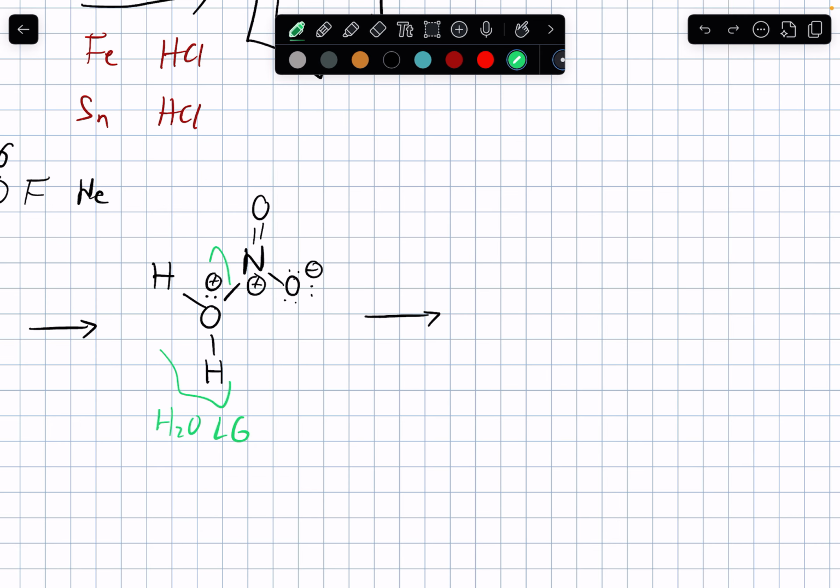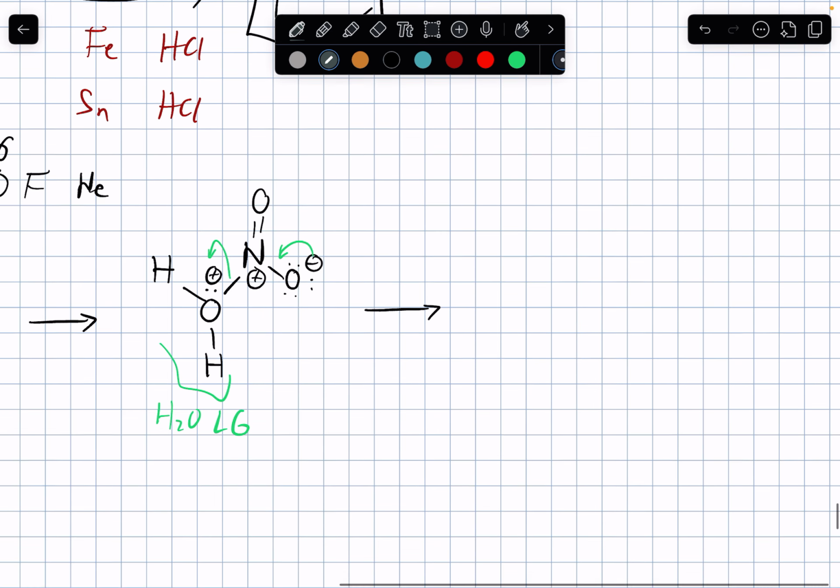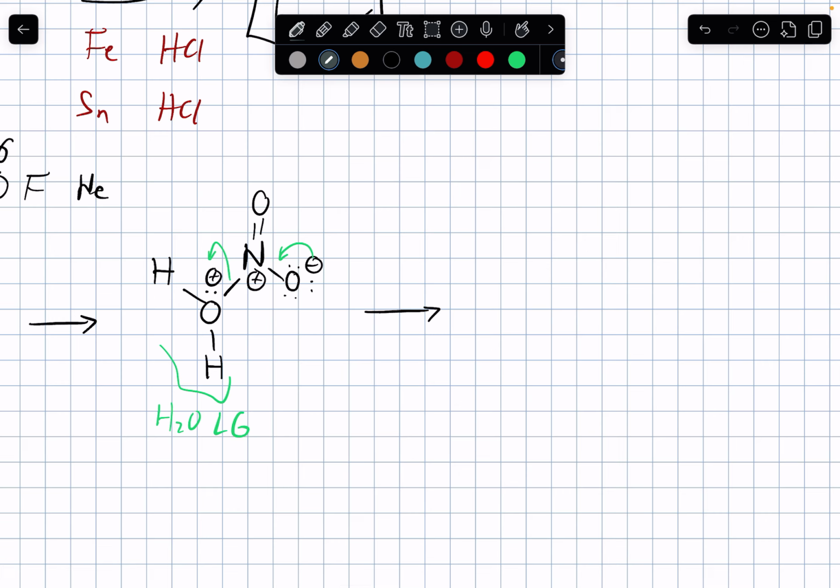Sorry. Negative charge to that bond to produce a double bond. We put an arrow here so that we can separate water and NO2.